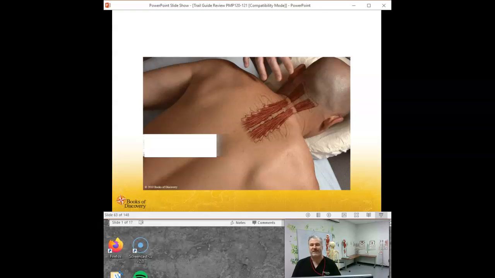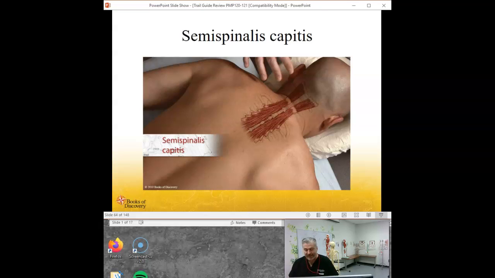It goes up part of the spine to the head. Semispinalis capitis. Yes, that one. Good job.